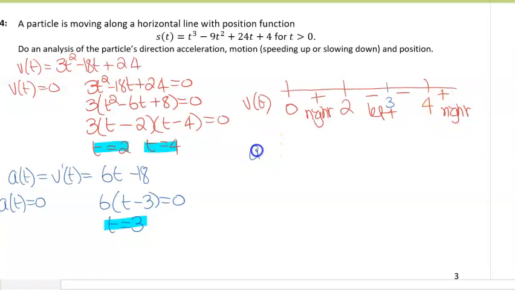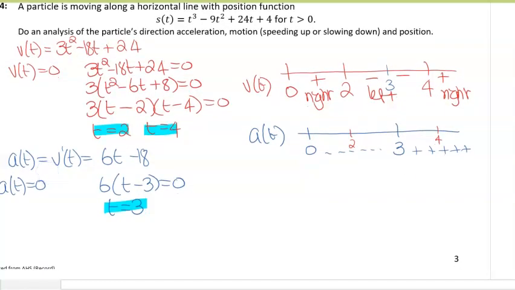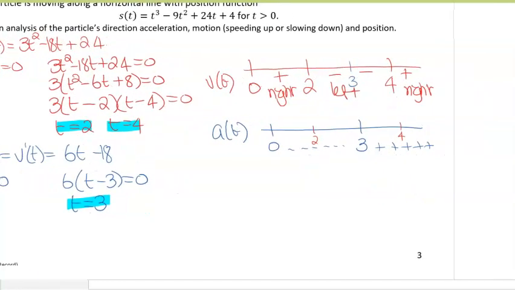Let's do acceleration. So we have between 0 and 3. We might want to look at 2 and 4. So the signs, if I put this into this function that we have here, are all negative, then all positive. Okay. So with that in mind, we're going to look at specific intervals.